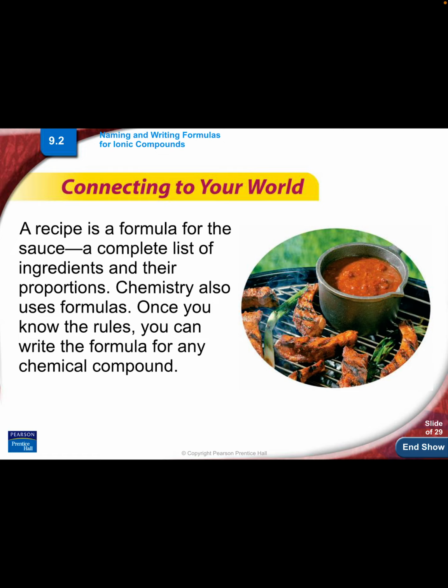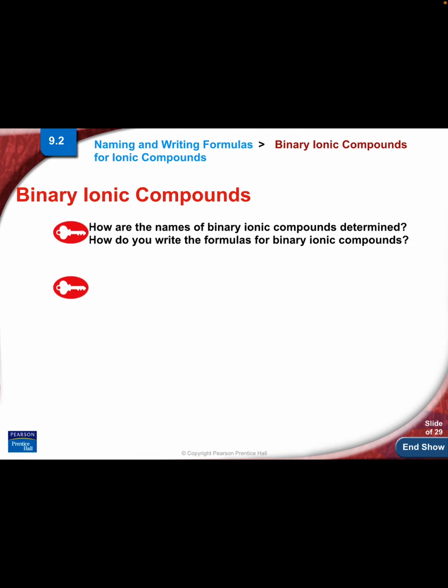And compounds are like a recipe. Formulas are like a recipe for the compound. When we write the formula, we tell what's in it and how much of what is in it. We're going to list all the atoms involved, and say how many of each type of atom is present.